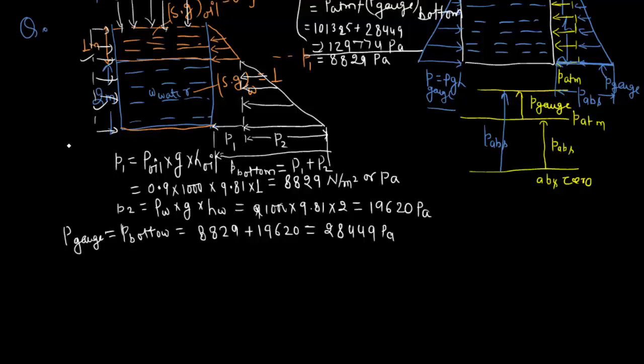So let's suppose the area of bottom is 0.2 meter square. Okay, this is the area of bottom, and we want to calculate the force exerted by the gauge pressure. Actually this is the gauge pressure on the bottom of the container.